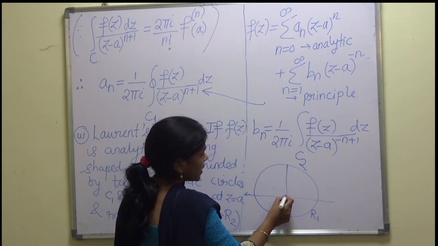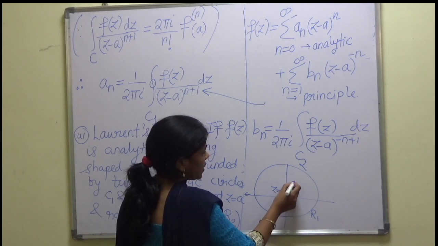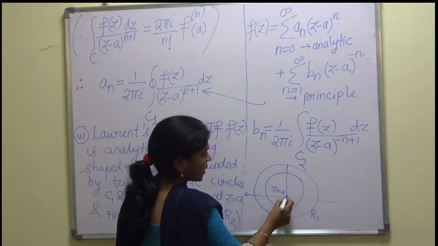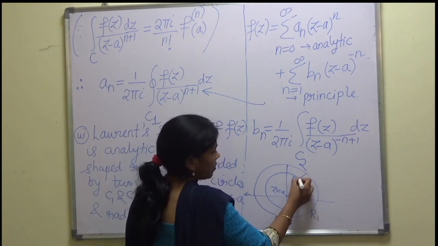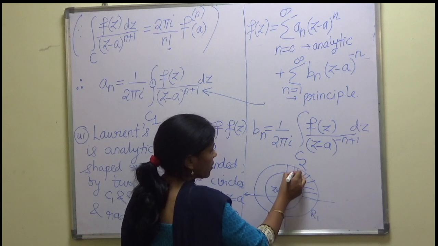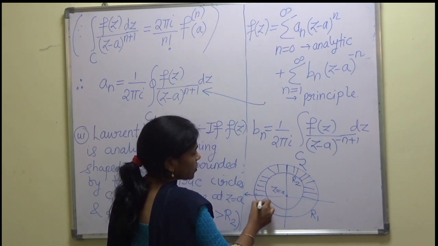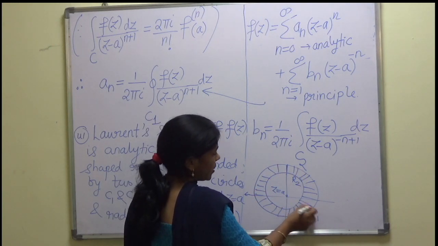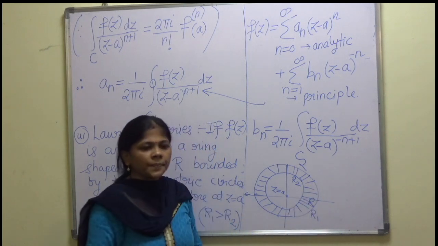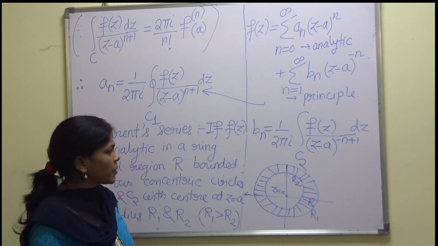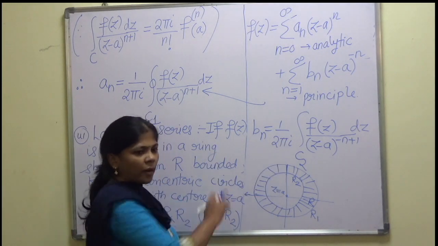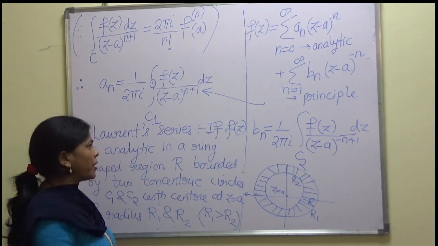There is another circle whose center is again at z equal to a, but the radius is r2. And in between we have this annular, ring shaped region R, over which the Laurent series expansion is to be done. So through the figure we can see the requirement of the Laurent series in this way.